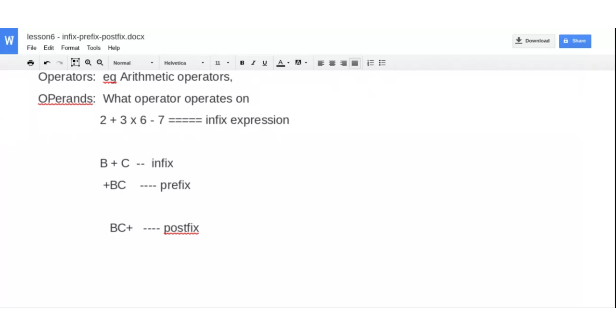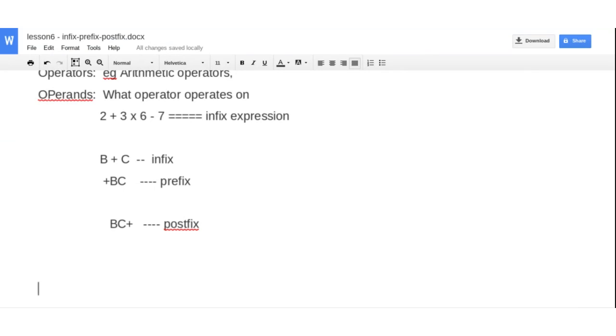So how can you manually convert expressions from one format to the other: infix, prefix, and postfix, using the method.